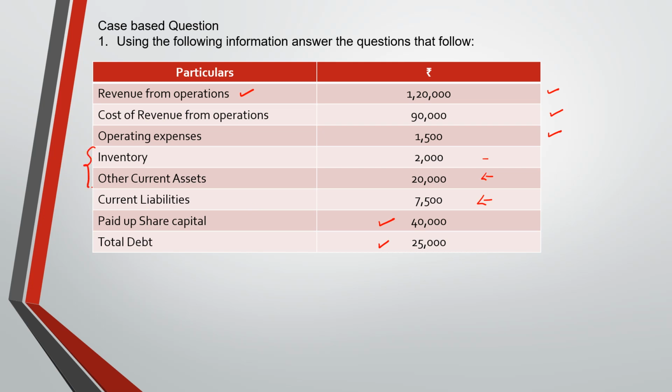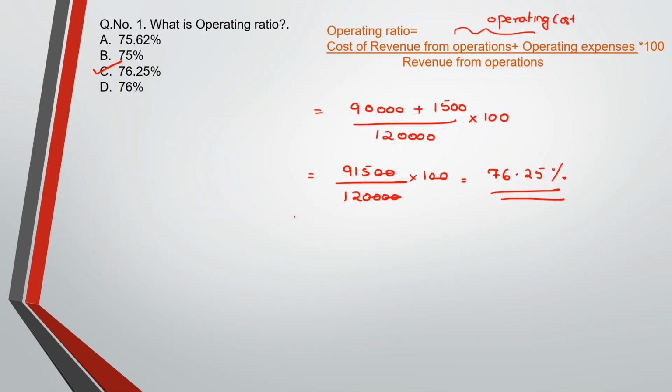And the current asset would include inventory. So it would be 2,000 of inventory and other current asset of 20,000. So total current asset would be 22,000. Current liability is available as 7,500. So using this, we will do the calculation there.